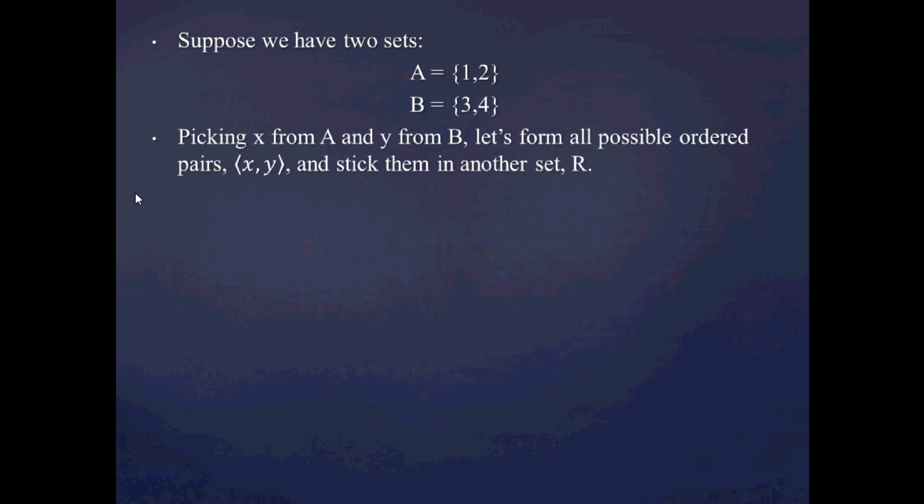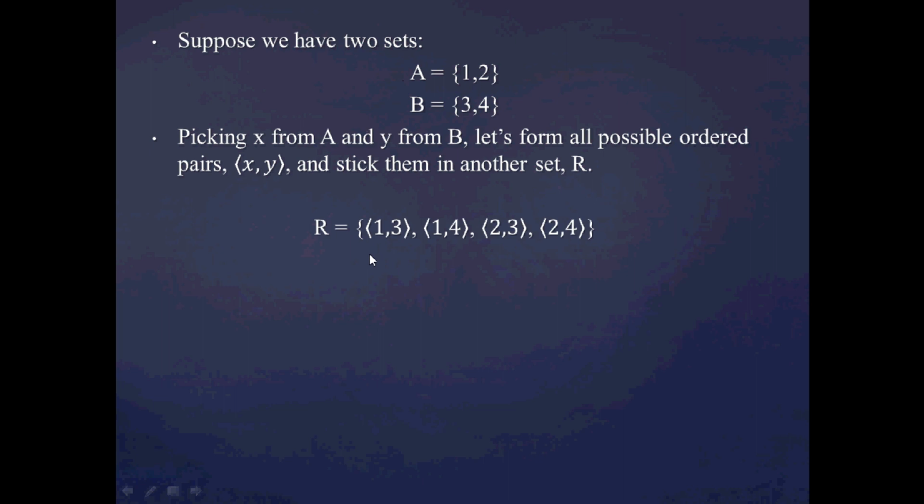Now, let's think about all the ordered pairs that I can form by using these two sets A and B. So what I'm going to do is pick some element from A, call that the x value, and then pair it with some y value from the set B. If I do that process, just pick an x value from this first set A, and pick a y value from this set B, you can see that there are 4 possible ordered pairs that I can form.